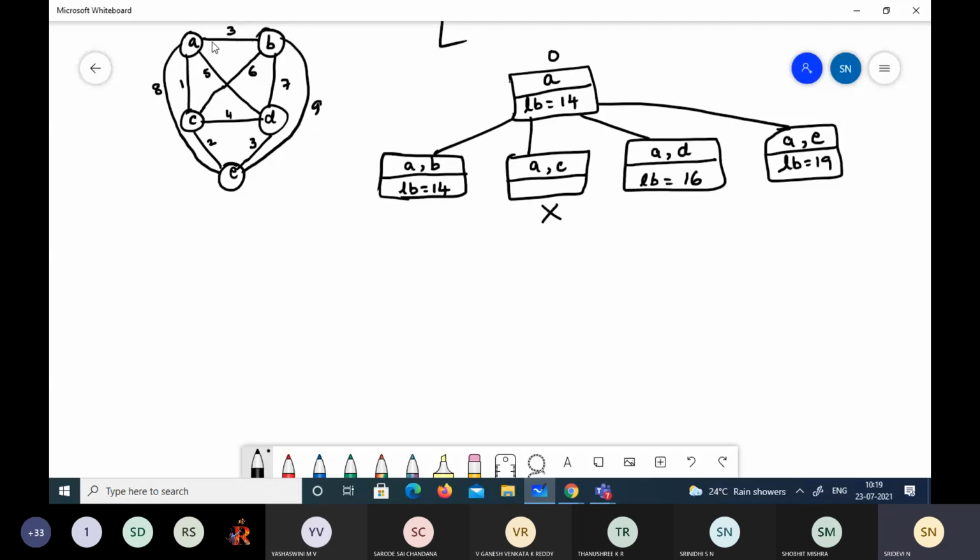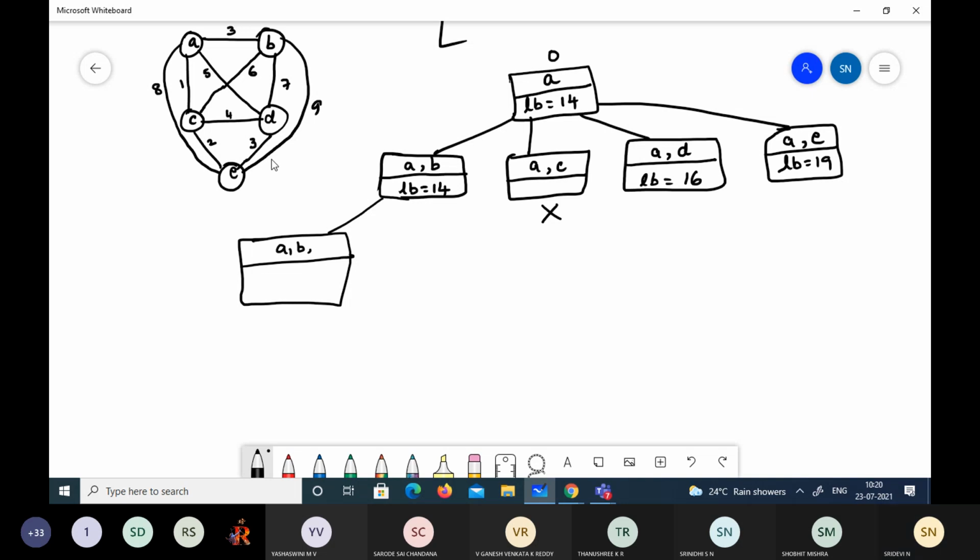Now we have reached here. From B we have to choose the smallest city next. Okay. So what are the options available for us? We can go to C from B. We have fixed AB.